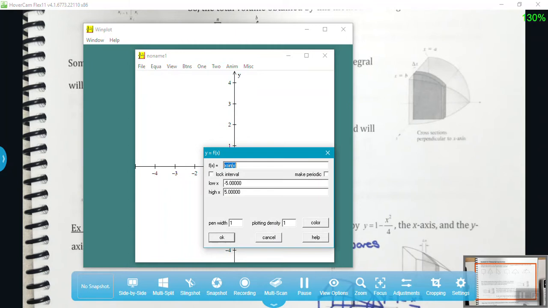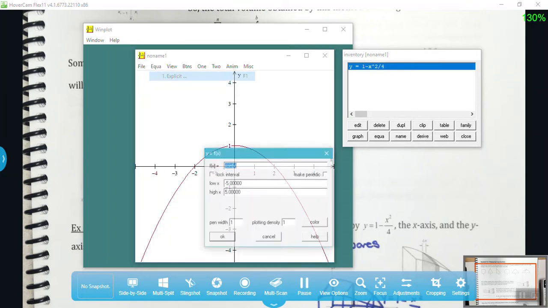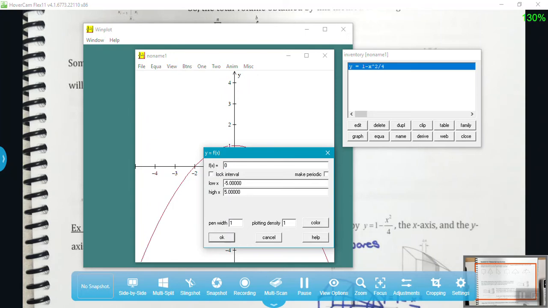What's my equation? y equals 1 minus x squared over 4, and then 0.